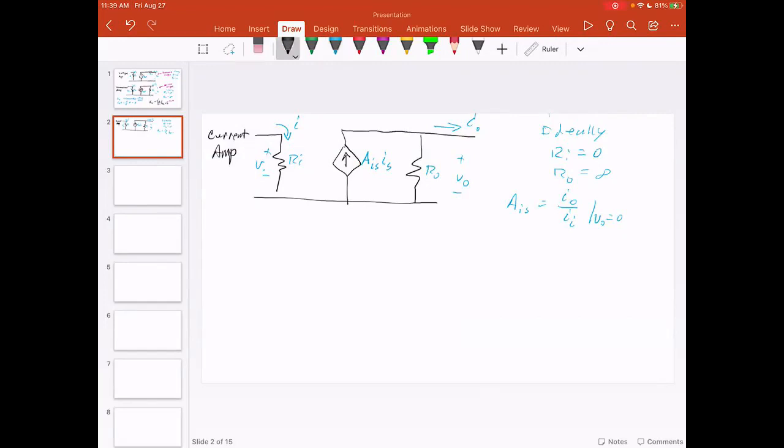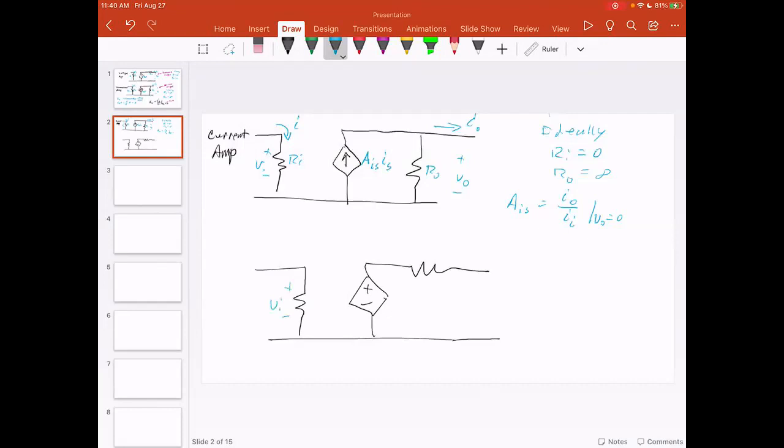And if you could reasonably guess, now there's a fourth type where we have an input current and an output voltage. There's a Thevenin on the output.